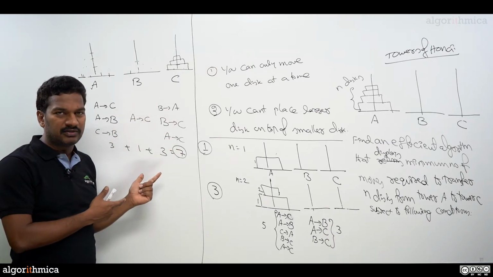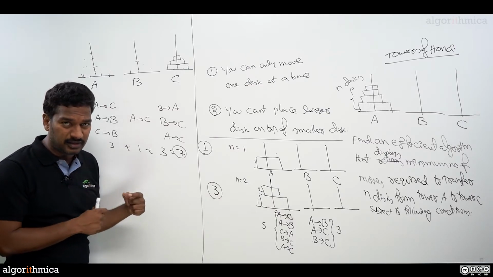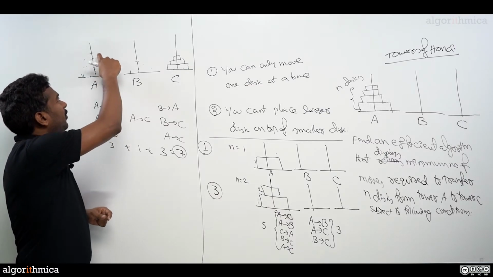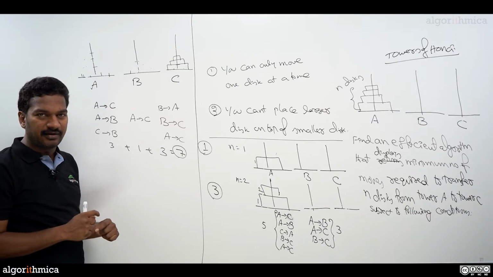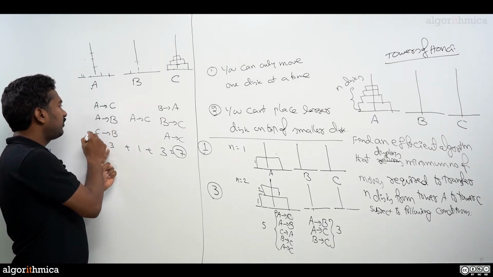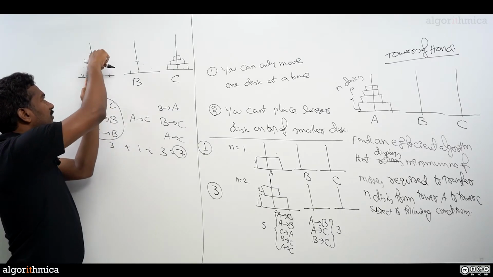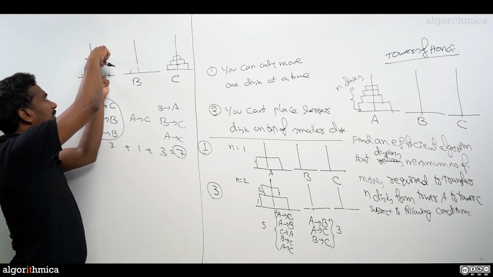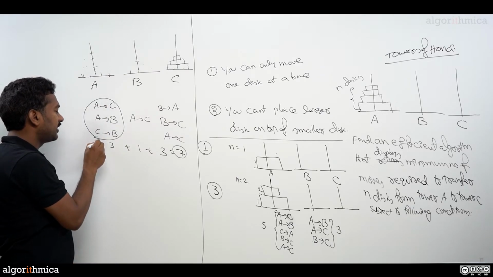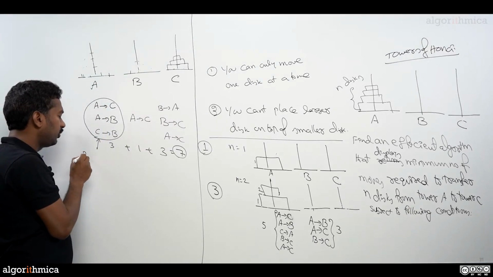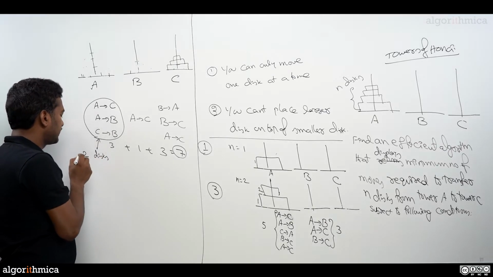So what's happening in this whole process, if you observe, is that the problem is given to transfer n disks, but at this stage, instead of moving n disks, we are asking to move n minus 1. That means we are asking to transfer only 2 disks.